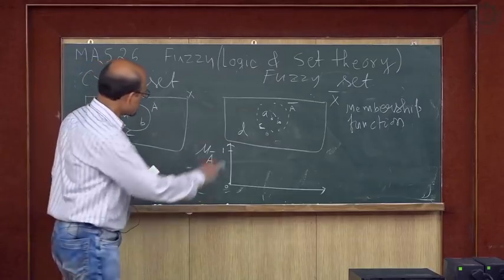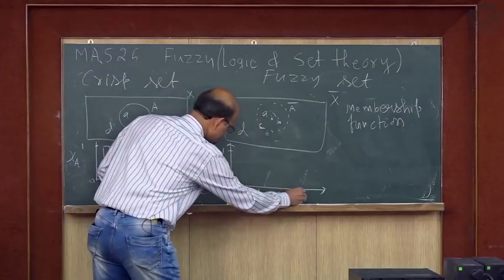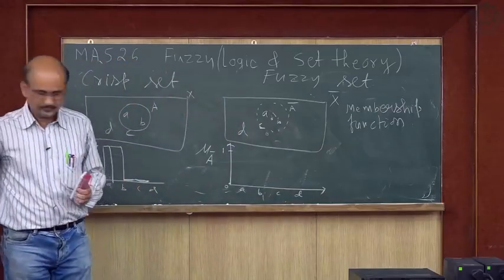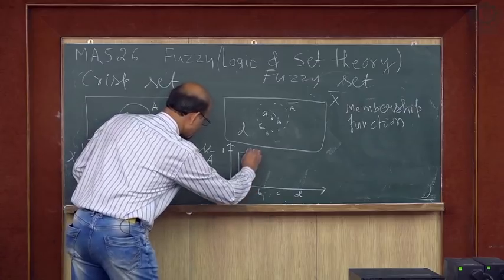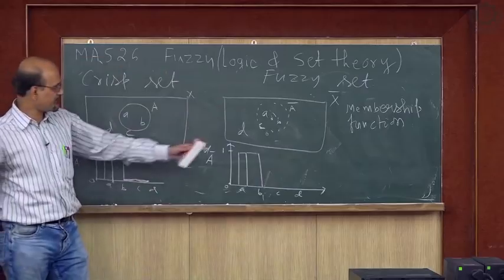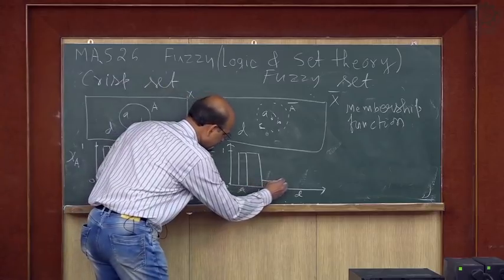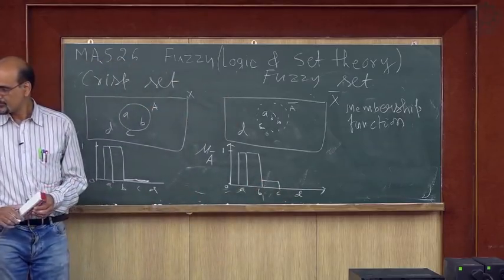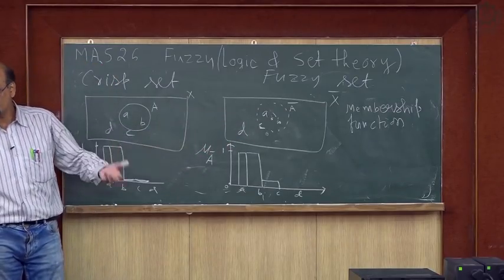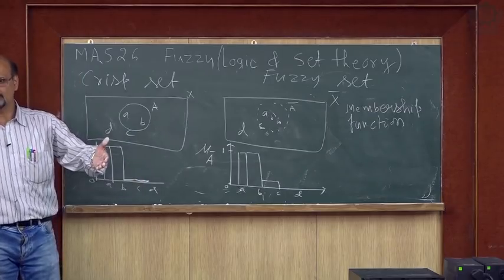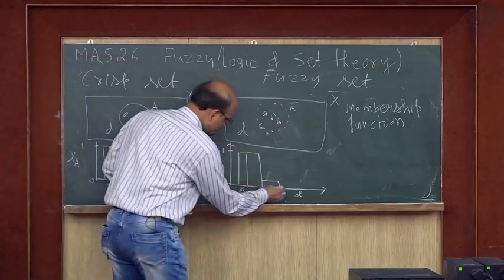For A and B those are 1, no problem, because these are wholly included. C, if it is near the boundary, may not be 0; it will have some value, depending upon how far it is. There is also an uncertainty, but at least you can have the bound of the result. Now D is outside, very far, so I can have D as 0.